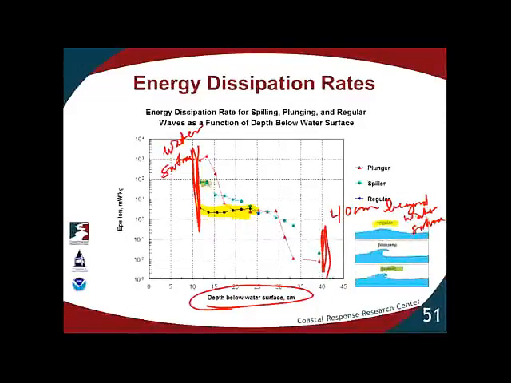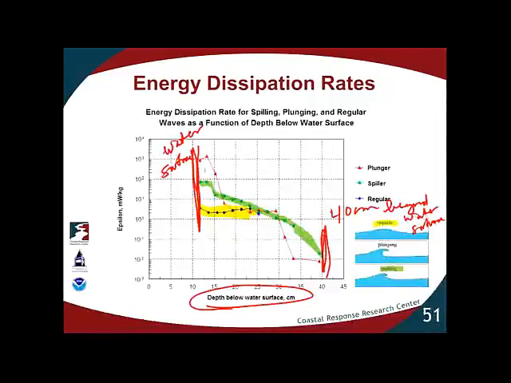It has obviously higher energy than our regular non-breaking wave, and the energy goes down further in the water column. Okay? All right. It goes down quite a ways in the water column, about 30 centimeters.